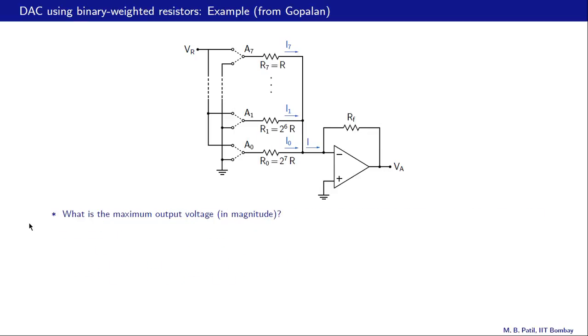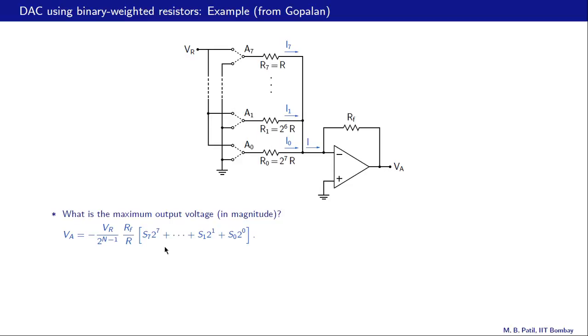Next question, what is the maximum output voltage in magnitude? Here is our VA, and note that it is negative, and that is why we have put magnitude in brackets over here. And when does the magnitude become maximum? That happens when the bracket becomes maximum.